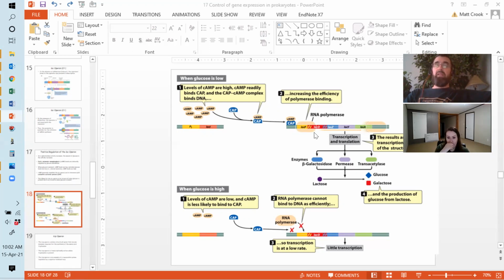If lac I is bound here in the absence of lactose, you're not getting any transcription from the lac operon, or very, very little. It's never absolutely zero. So whether or not lac I is bound here is the big switch.